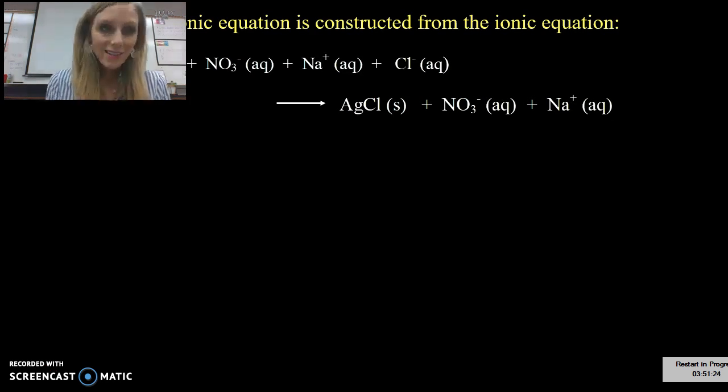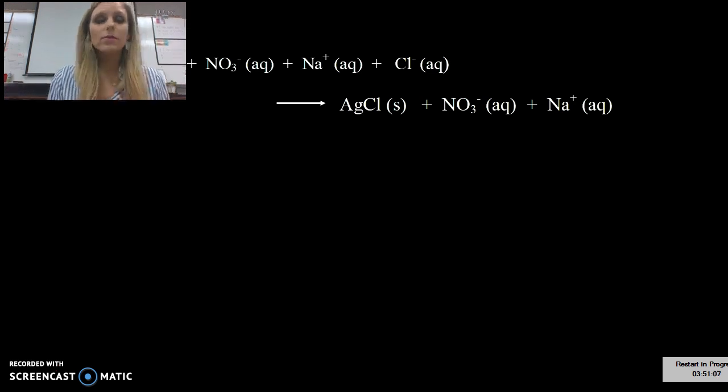So the net ionic equation is constructed from the ionic equation that we already wrote, but you slash out all spectator ions, because they didn't participate in a reaction. So they're not actually a part of this. The silver, the chlorine, and the silver chloride are your net ionic equation.